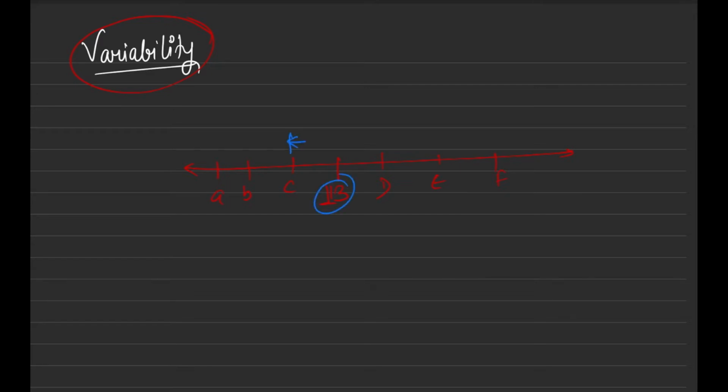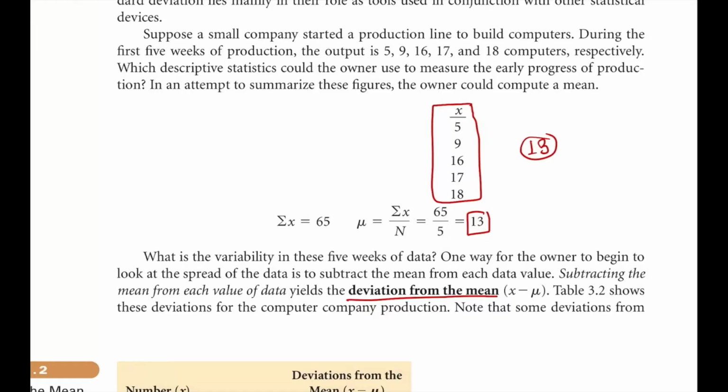Now C has deviated by C minus 13. Similarly B has deviated B minus 13, A has deviated A minus 13, D deviated D minus 13, E deviated E minus 13, and so on. We can calculate the deviation from the mean, right?